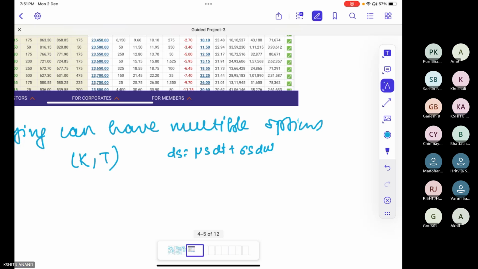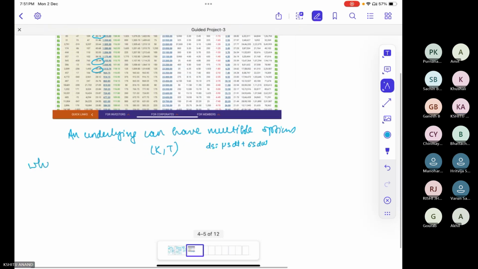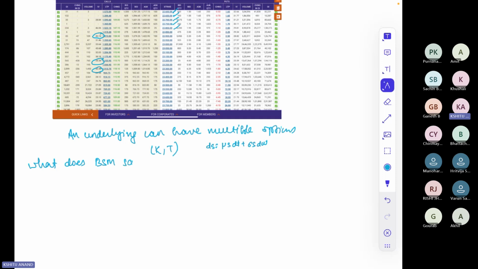Are you able to understand it? So the Black-Scholes model says that all the options on a particular underlying, what does the Black-Scholes model say? People use this term: all options on the same underlying, irrespective of K and T, will have the same volatility, right?